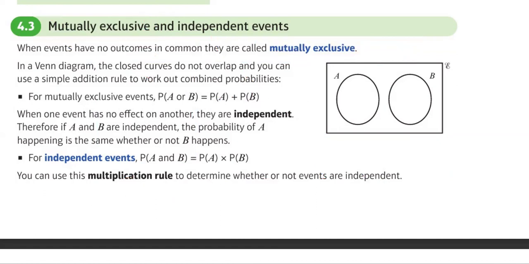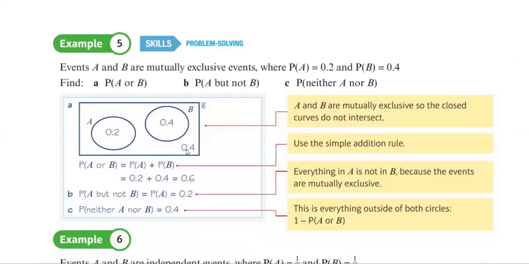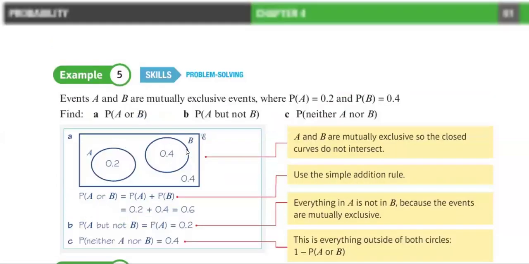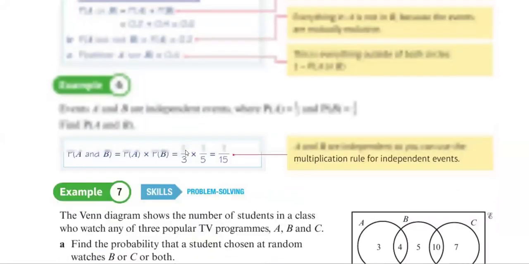There are two questions from this lesson. One question directly comes with a Venn diagram like this: intersection, union, and dash, all like this.